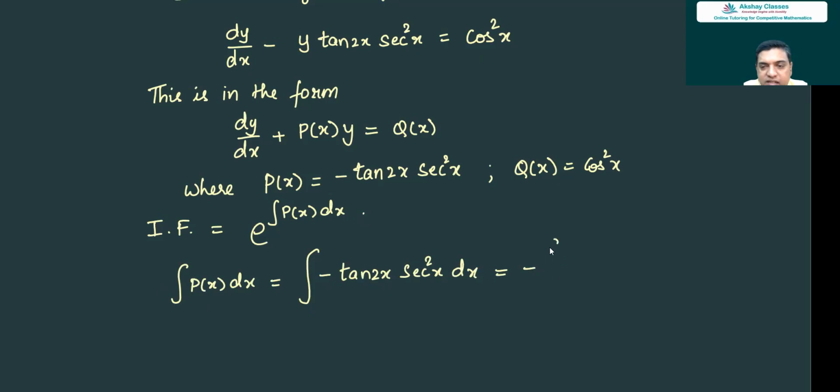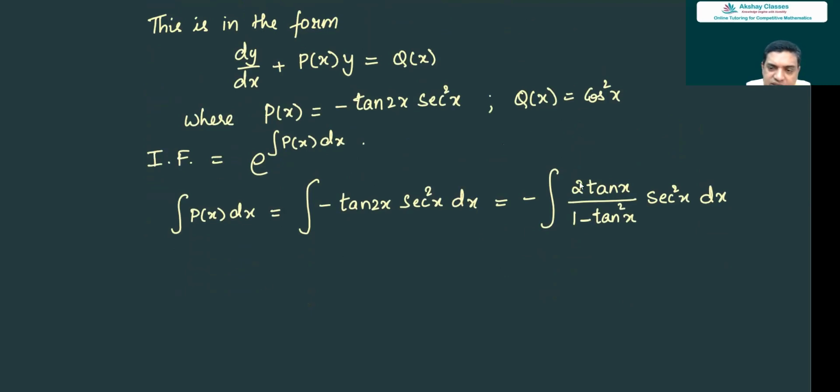So this is minus integral 2 tan x by 1 minus tan square x times secant square x dx. Since tan 2x is 2 tan x upon 1 minus tan square x.